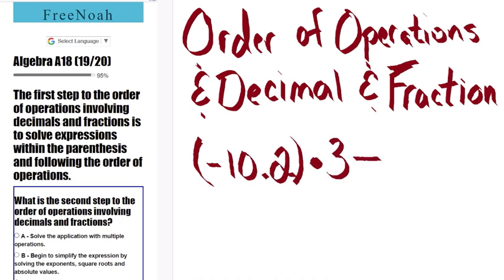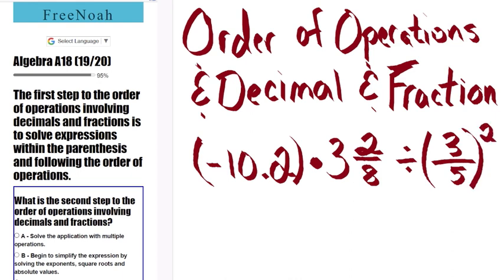All right. So for this example, we're going to start off with -10 and 2/10 times 3 wholes with a fractional of 2/8 divided by 3/5 to the second power. All right.